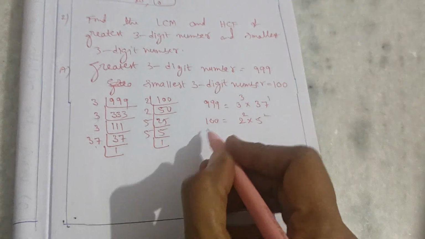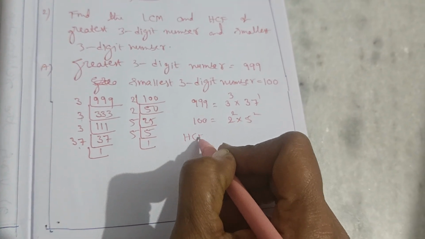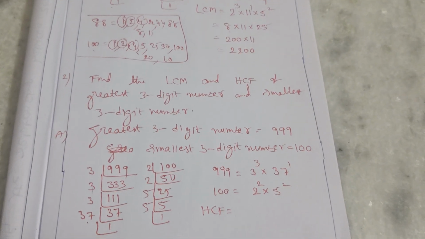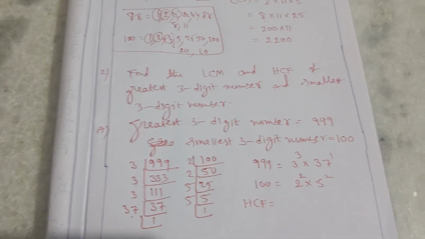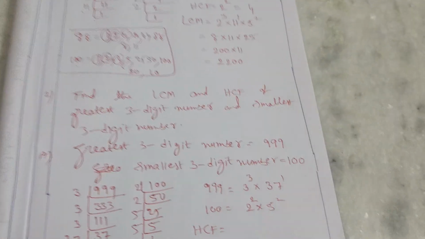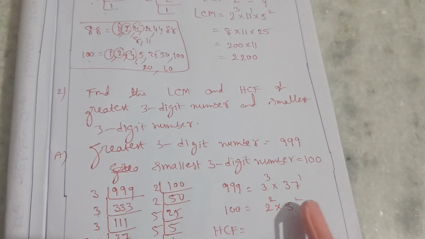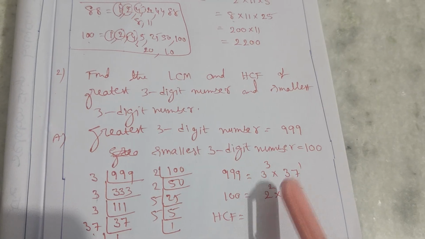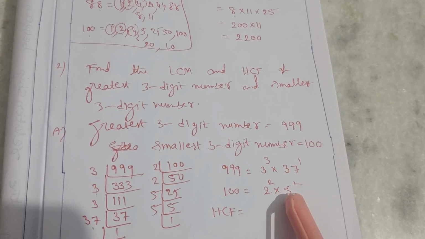Now let's go to the definition of HCF. What is the definition of HCF? You have to take the common prime factor. Is it right? Do you see any common prime factor? Here the base is 3, here the prime factor is 3. Here 37. 2, 5. Any common factor? Did you observe any common factor?